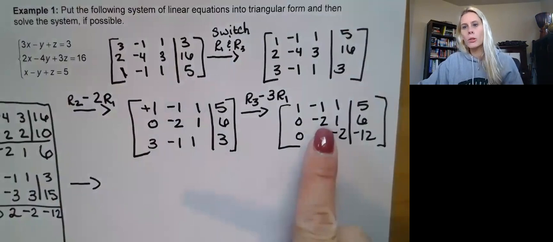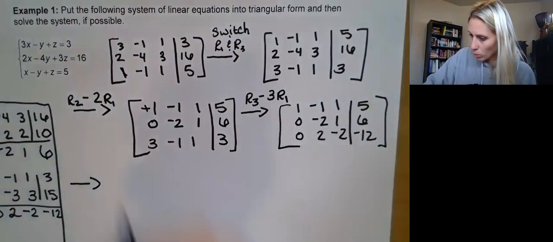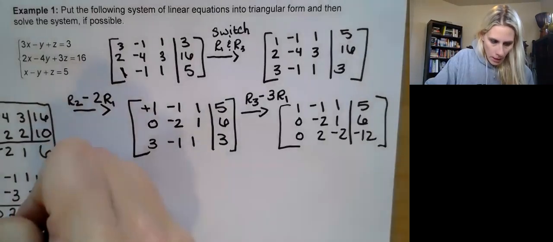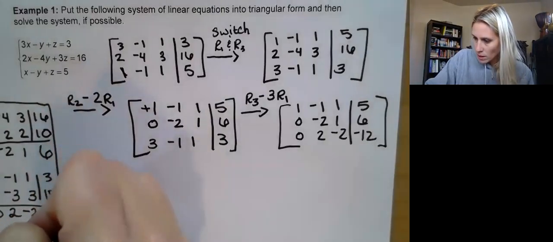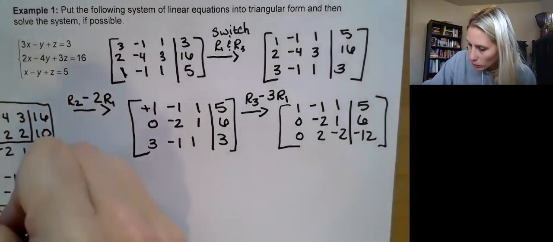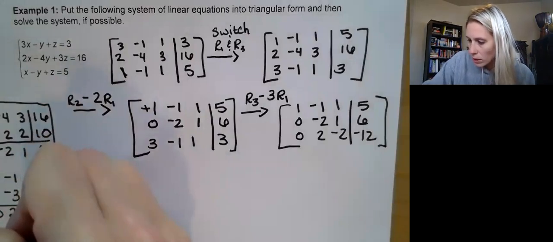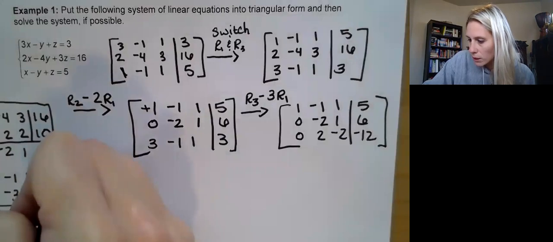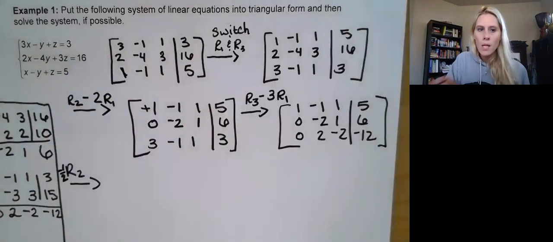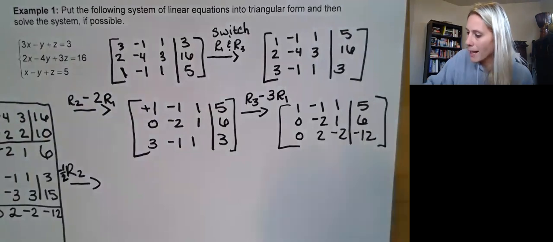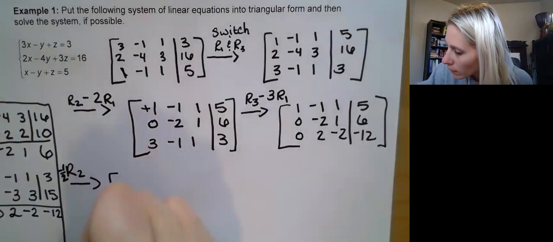How can we get this to be 1? Well, to get it to be 1, we can divide by -2. So what we're going to do here is take row 2 and multiply by -1/2. I know I said divide by 2, but usually we use multiplication when we use matrices, so we're going to stick with that. So we're going to multiply row 2 by -1/2.